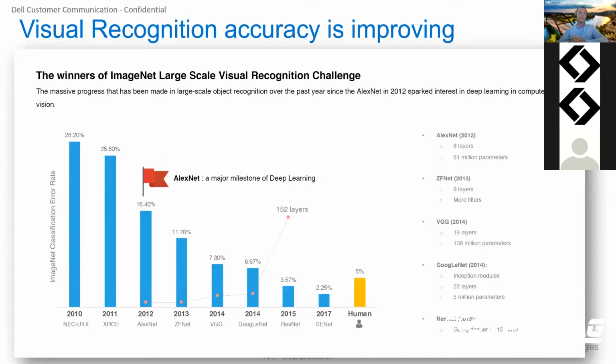And what we also see in the industry is that the visual recognition accuracy is steadily improving. This chart shows the classification error rate based on some public data sets from 2010 to 2017. And 4 years ago, we had already hit the goal of being better than a human. So you can see that the neural networks that were trained 4 years ago will easily compete against a human.